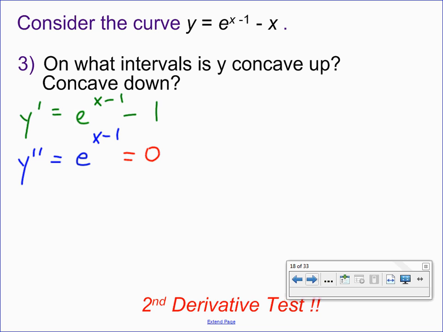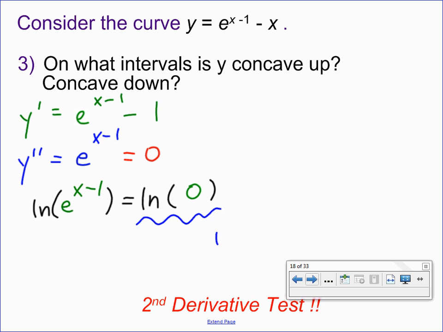If we forgot that, I'm trying to solve this equation, so again, we take the natural log of both sides to get that variable expression x minus 1 down out of the exponent. When I do so, I get ln of e to the x minus 1 is x minus 1, but on the right I get ln of 0. When I see ln of 0, I say, wait, I can't do that.